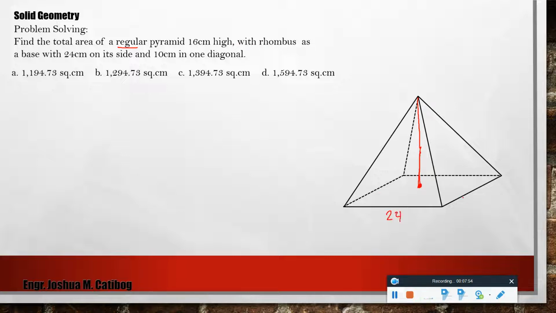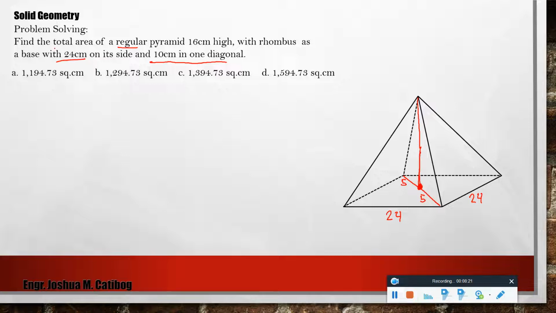So ibig sabihin po, equal po ang ating sides with 24 centimeters on each side, and 10 centimeters in one diagonal. So let's say po, ito yung diagonal ko. Ayan. So 10 centimeters. So from the intersection po natin sa gitna, this is the center of our polygon. So tig 5 po ang sukat natin dyan.